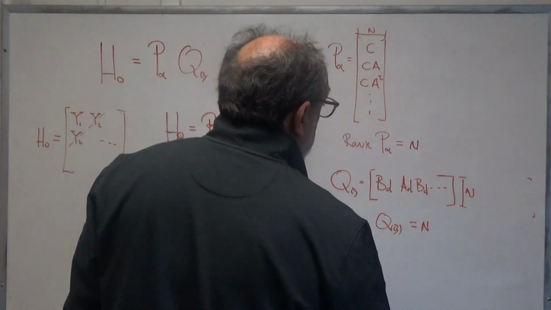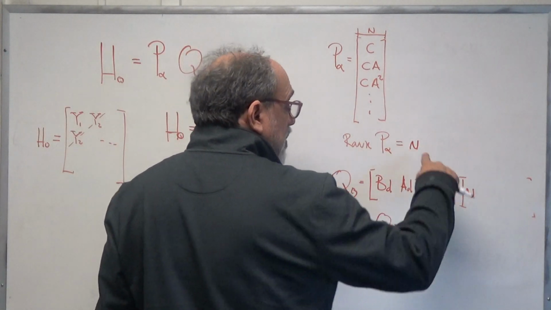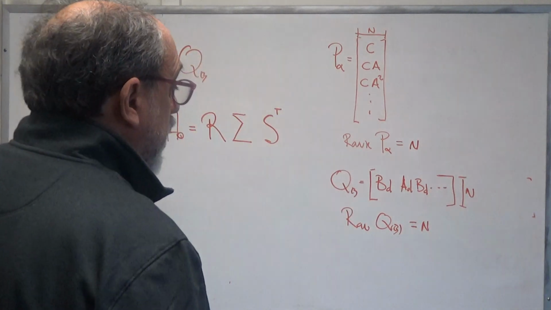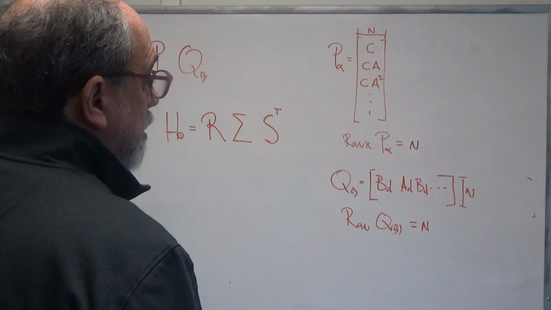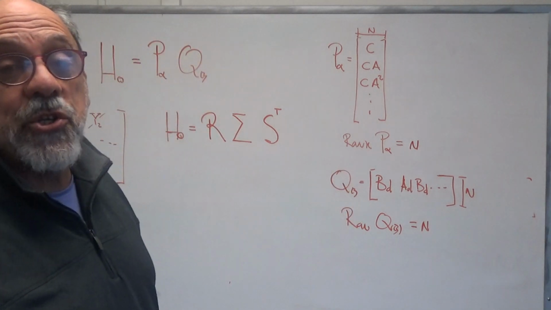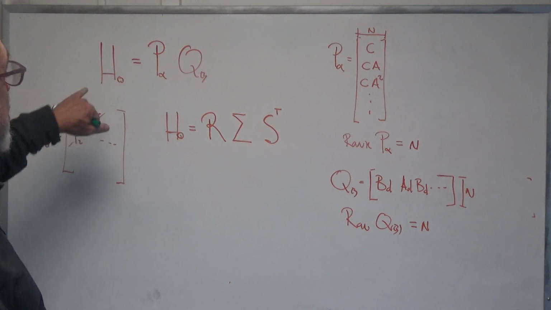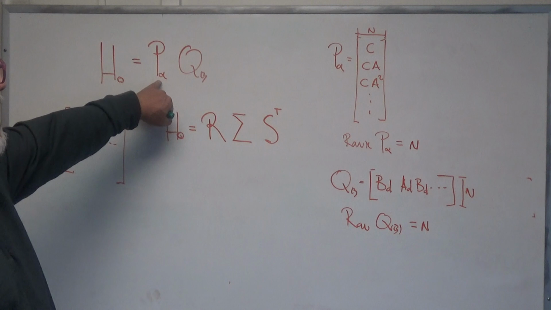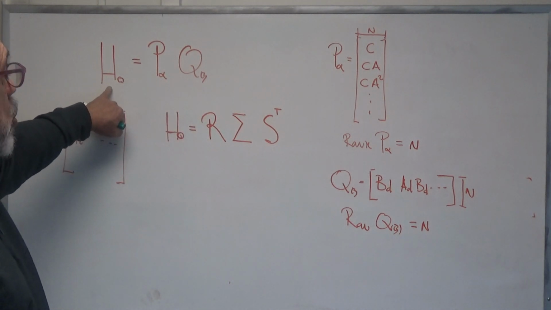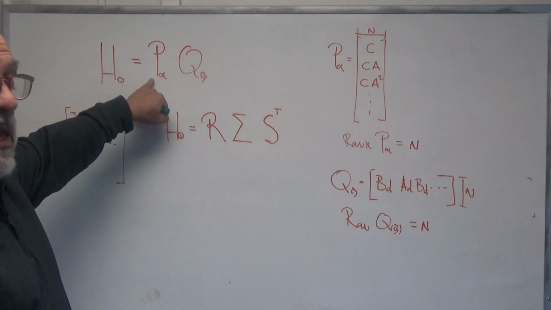Now, if I wanted to get rigorous, we could distinguish these two things and just call n observable, n controllable. And then we could argue one thing. We could say, however, the rank of a product of matrices is never larger than the smallest rank, right? And since H0 is the product of P alpha and Q beta, the rank of H0 is no larger than the smallest rank of these two things.